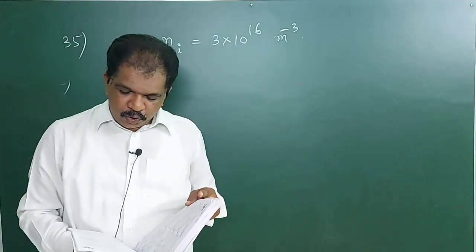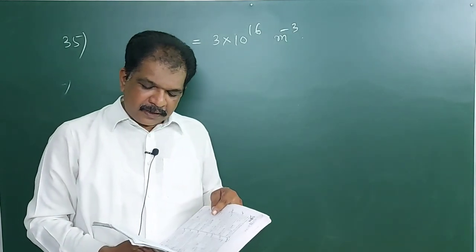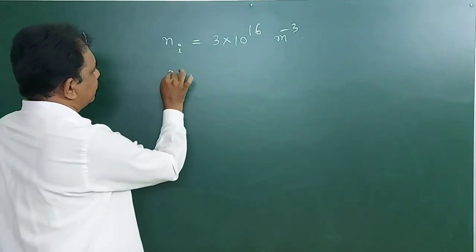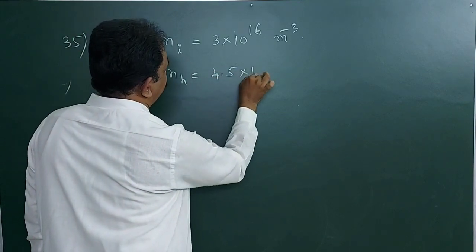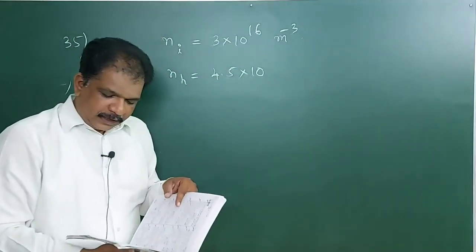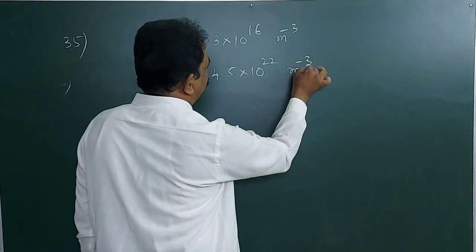Later it is doped. Then the hole density becomes 4.5 into 10 power 22 per meter cube.